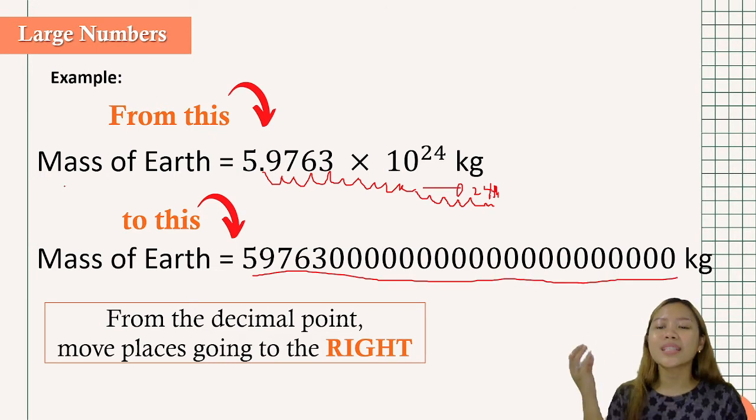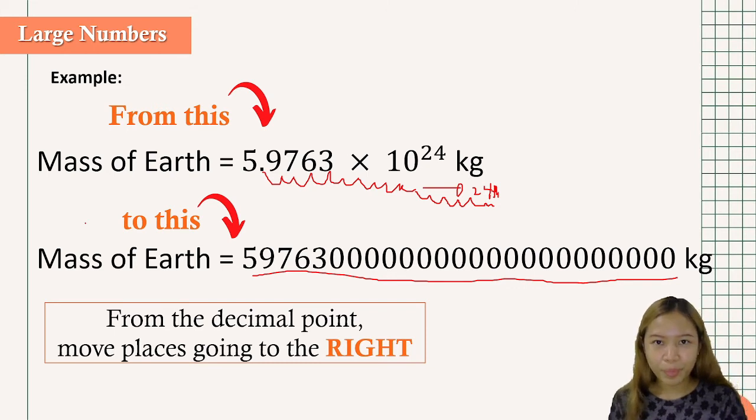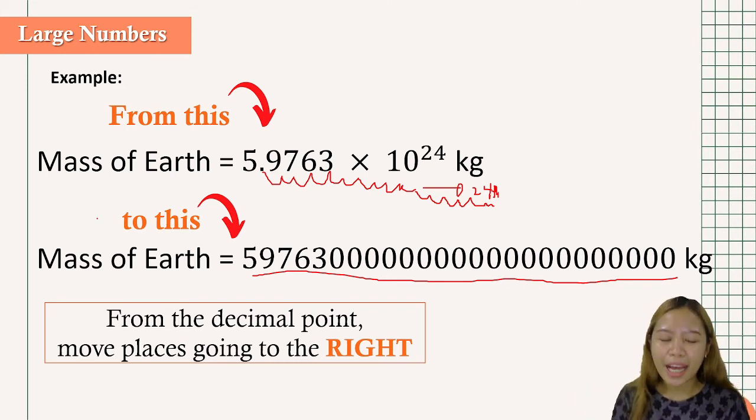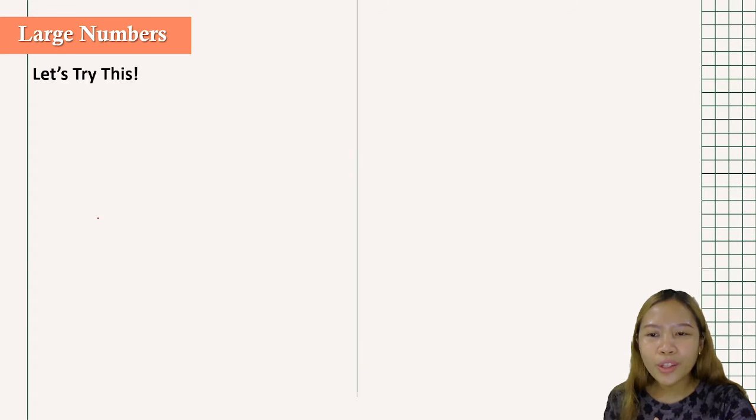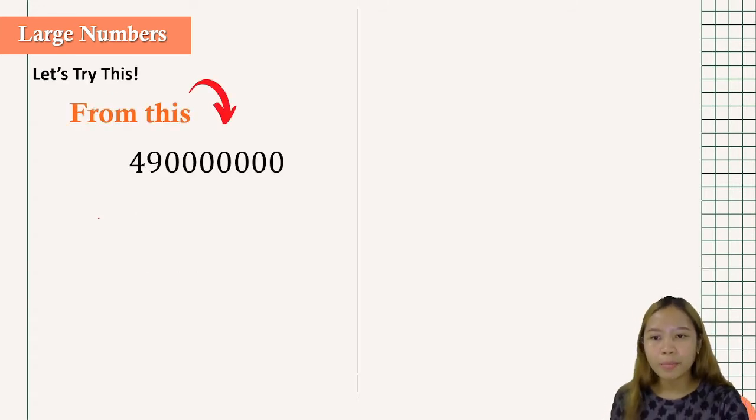Okay, so this is scientific notation into standard form. So I hope nga na-intindihan lang. Now let's move on to our examples. So let us try this. So from that value, from this, we will be moving places to the left.